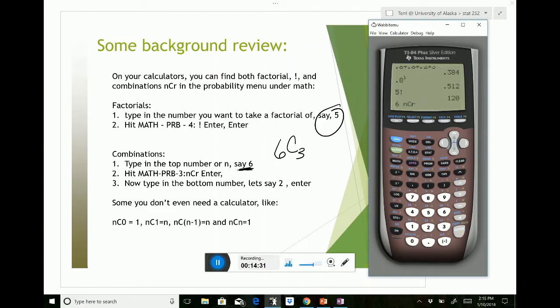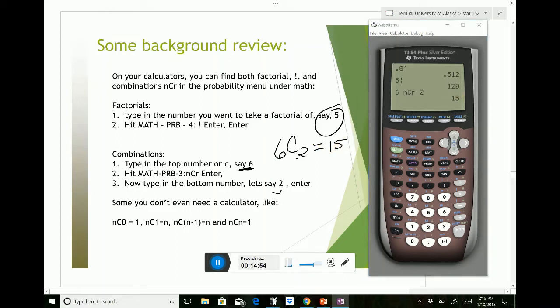Then, oh, I was doing 2, sorry. 6 choose 2, not 6 choose 3. And then I'm going to hit the bottom number, 2, and then I hit enter. And I have 15. So 6 choose 2 is 15.